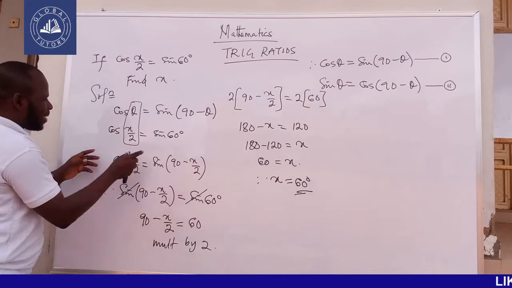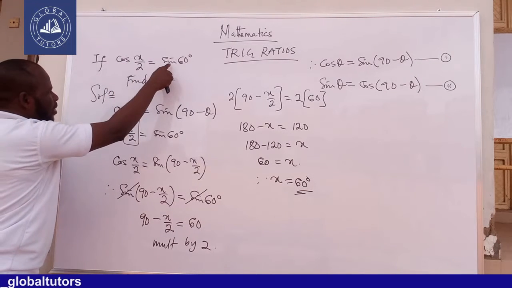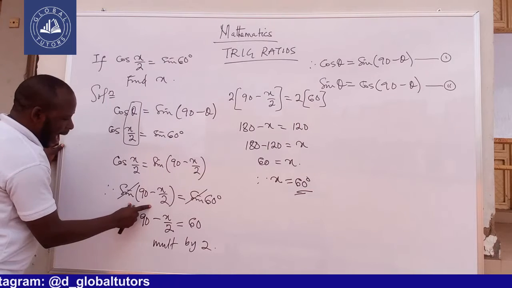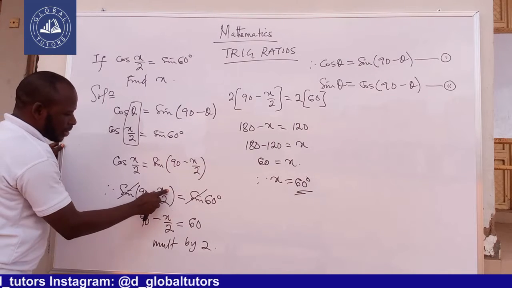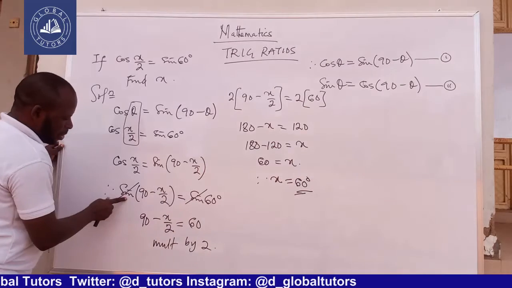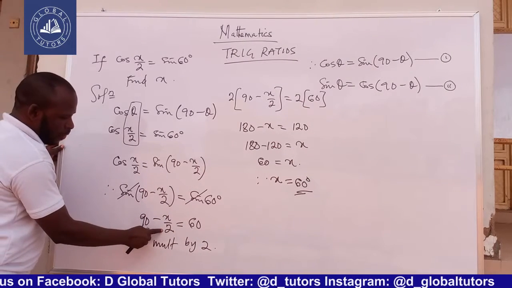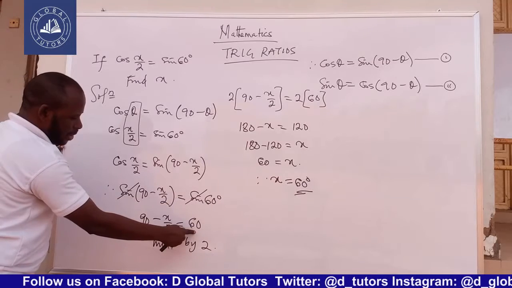So it means I can write the question, which was cos x over 2 equals sine 60 degrees, now as sine 90 minus x over 2 equals sine 60 degrees. Sine of an angle, gone. So we are left with 90 minus x over 2 equals 60 degrees.